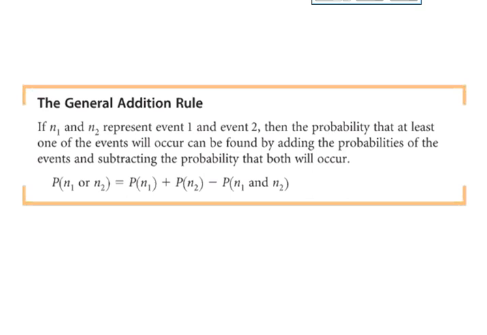All right, that brings us to the general addition rule. Listen carefully. If A and B represent event 1 and event 2, then the probability that at least one of the events will occur can be found by adding the probabilities of the events and subtracting the probability that both will occur.